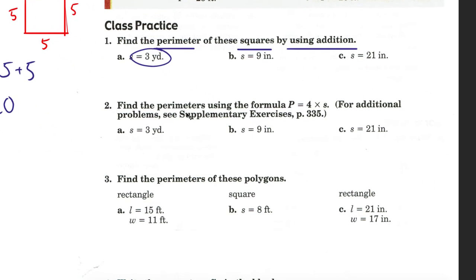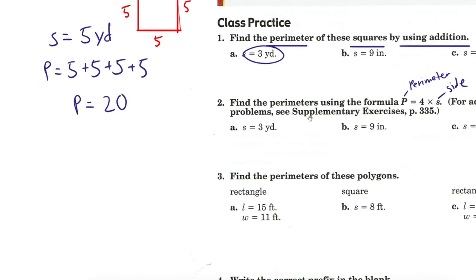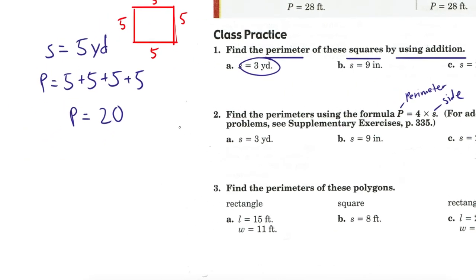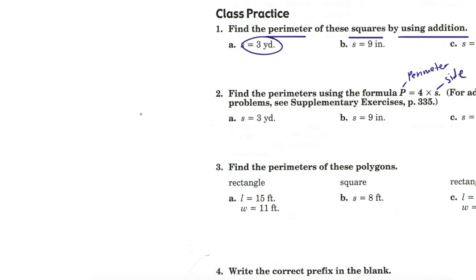All right, number 2, it says find the perimeter using the formula P equals 4 times S, which is the same thing as perimeter equals 4 times a side. Okay, so now they want you to use this formula instead. So how would that work? Let's do it for this one. It tells me S equals 3 yards.